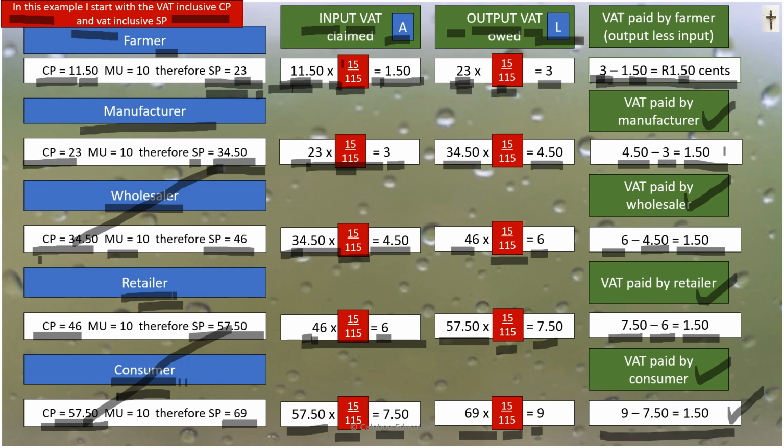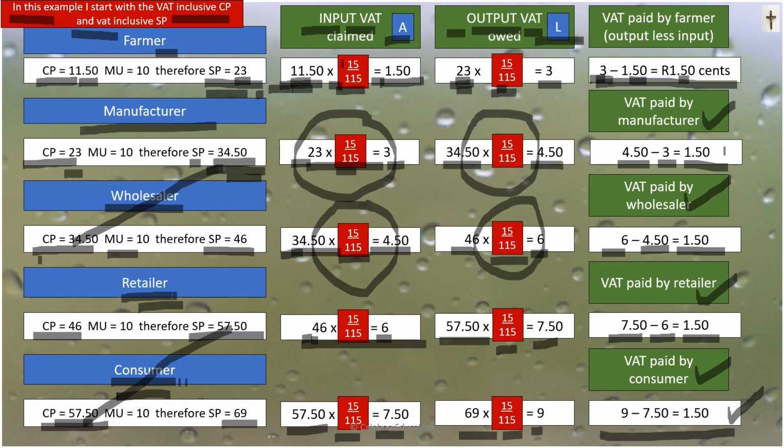Now something very important here is when an amount includes VAT, we use the VAT fraction to multiply the amount to establish the VAT amount. So an inclusive amount multiplied by the VAT fraction is going to give the VAT amount.